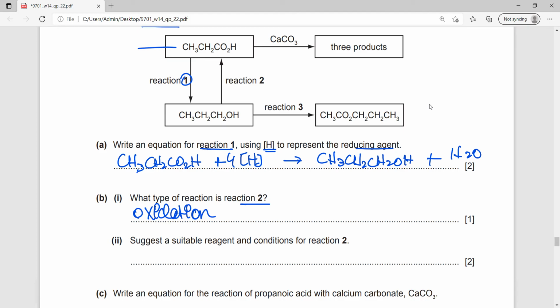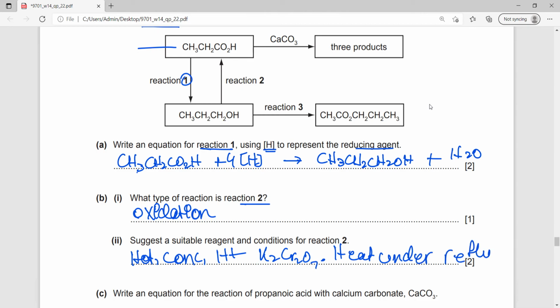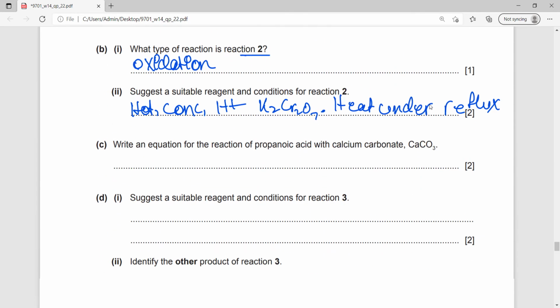The more common one uses the dichromate ion: hot concentrated acidified K2Cr2O7, heat under reflux. That is the reagent and conditions.